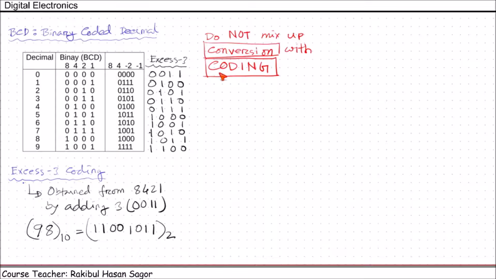For coding, a number will be coded with binary digits. For example, 13, which is in decimal, the corresponding binary value is 1101. This is conversion, remember. This is conversion, not coding.